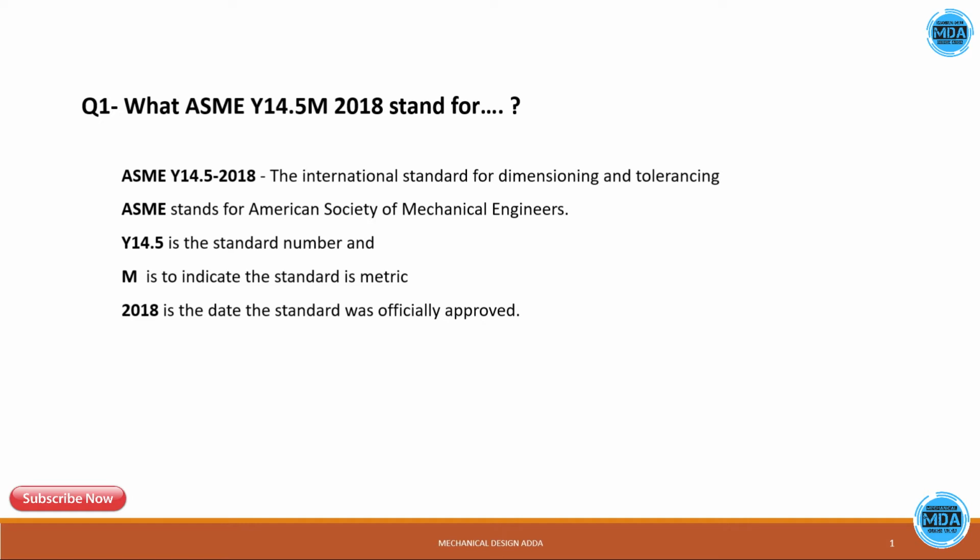A lot of people are confused by Y14.5. They think that Y is the number, 14 is the symbol and 5 is the category, but that is not true. Y14.5 is the standard number, and M indicates that the standard is in metric, and 2018 or 2009 is the year the standard was officially approved.